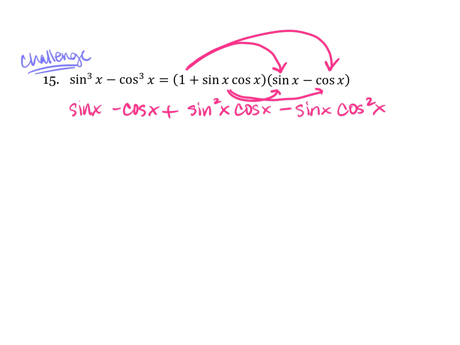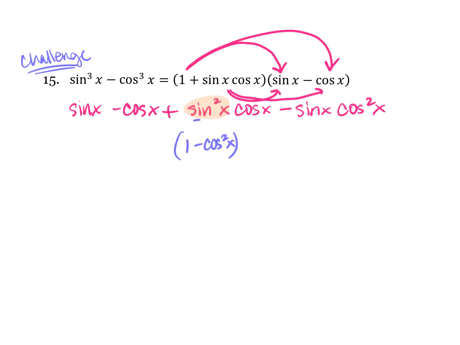So what can I replace sine squared with? Sine squared equals 1 minus cosine squared.